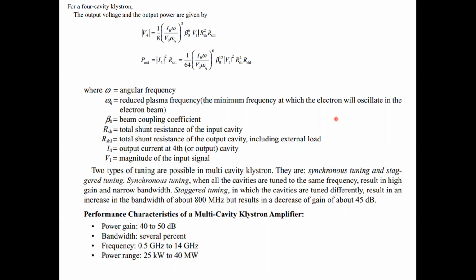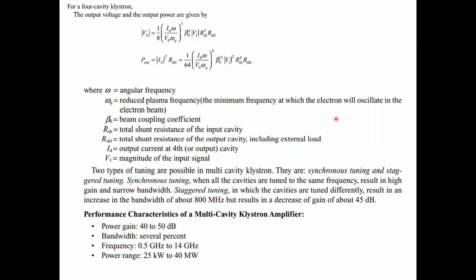So here I have mentioned some performance characteristics of the multi-cavity klystron. Why? Because the 2-cavity klystron only operates at limited levels. What is the multi-cavity klystron? It is nothing but an improvement over the 2-cavity klystron in all parameters: power, efficiency, gain, frequency. Comparative to 2-cavity, multi-cavity has top-end features.